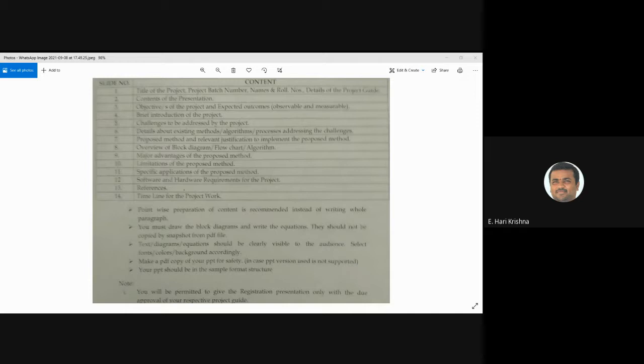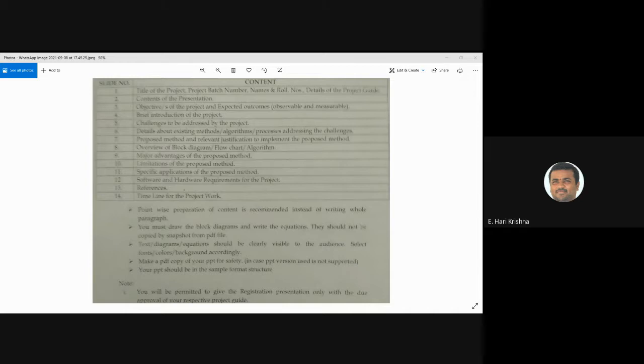Just type in Google PPG and motion artifact reduction. You'll get nearly 30 to 40 papers. Just give one-line information about the top 5 to 6 papers. Preferably, refer to papers related to IEEE transactions.